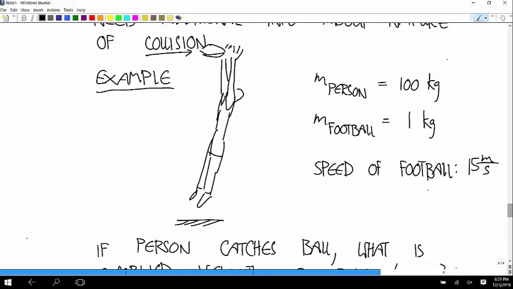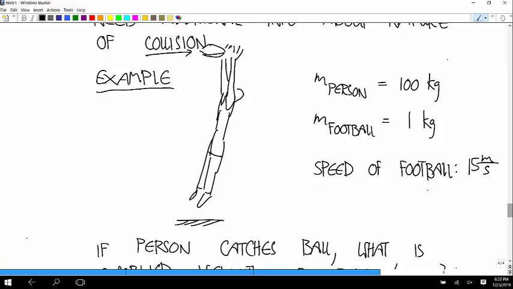Any other questions about that? And what about the thing that I was saying, that conservation of linear momentum by itself is never enough to figure out the velocities of the two things? You have to know something about the nature of the collision. When we required that the ball and the person travel together after the collision, that was giving us the extra information we needed about what the collision is like.